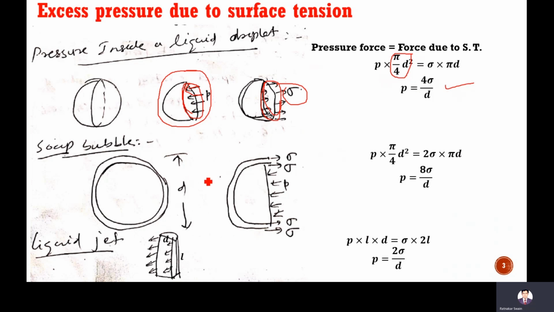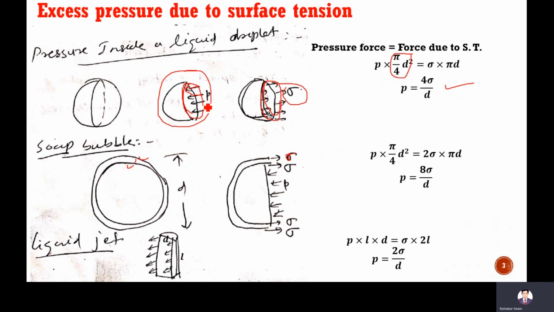Similarly for a soap bubble, there are two surfaces, one inner surface and one outer surface. It is a hollow surface. So there will be two circumferential lengths, so two contact lengths, giving 2 sigma.